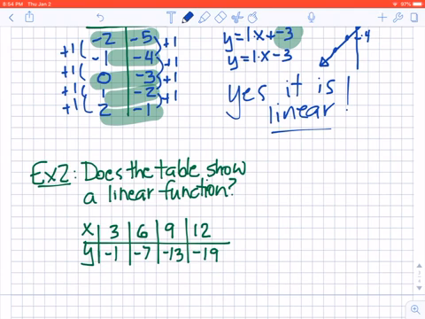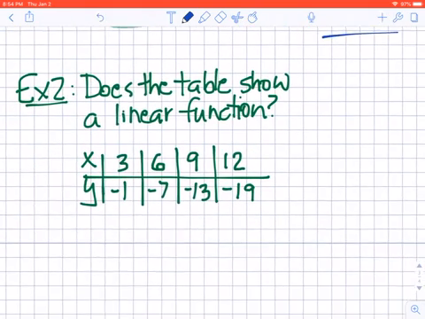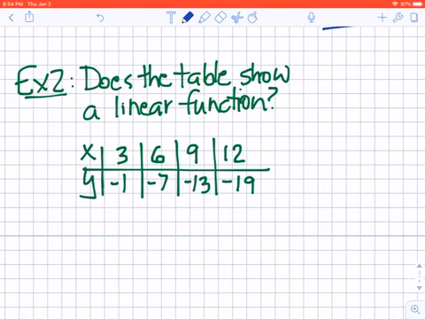Example 2. Does the table show a linear function? And if we look at it here, I could draw the graph of this and answer the question, is it linear? But I'm going to use this technique that I referred to earlier and say, are there equal jumps? Notice in this case, we are going up by 3 in all 3 cases.